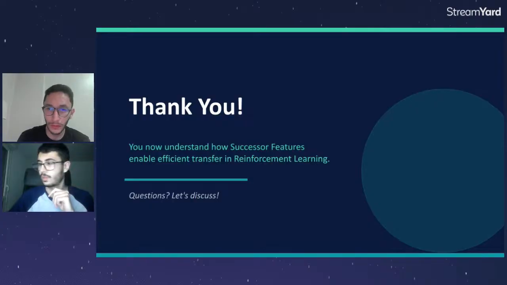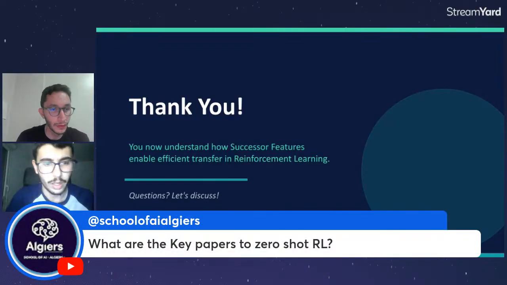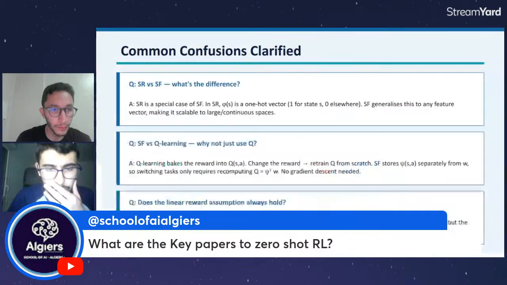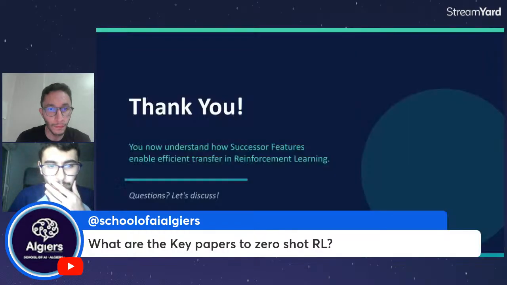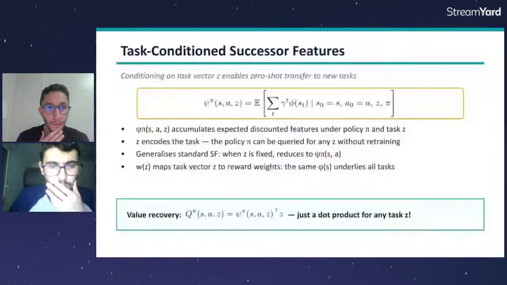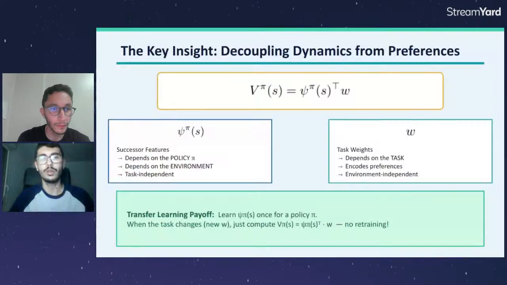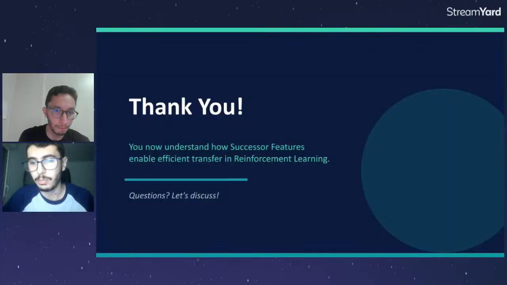Okay. I think one last question, and it says, what are the key papers to zero-shot RL? I've got a few in here. I think I removed the slide. I don't know if I can type them in here or I can just say it like this.